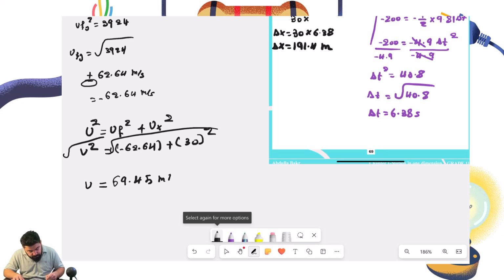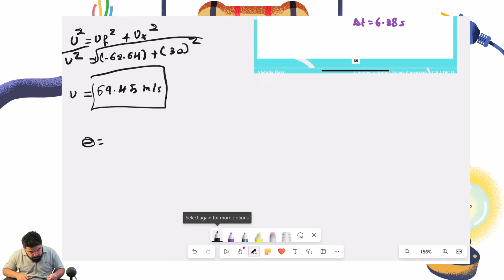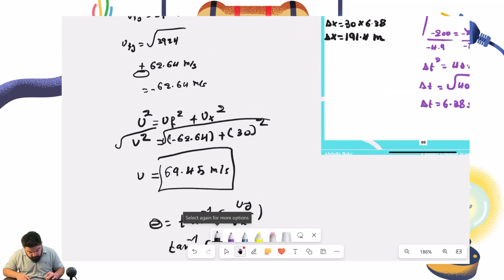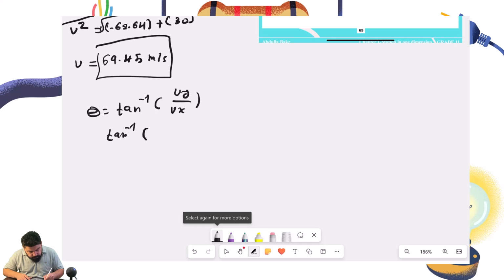What about the direction, guys? So you know that theta is equal to tan inverse of Vy divided by Vx. So tan inverse of Vy, which was equal to 62.64, divided by 30.